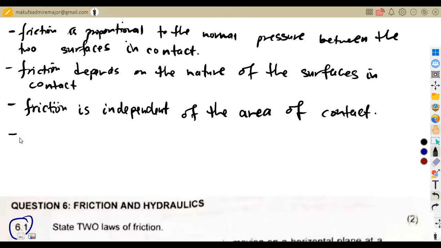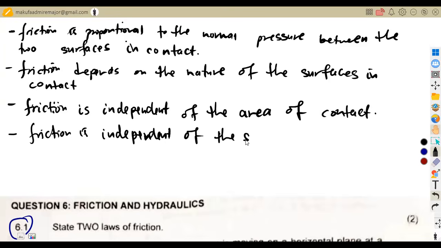Then also we can consider friction being independent of the speed of sliding in this case. All right, so this is what we can use as the laws of friction in this case.